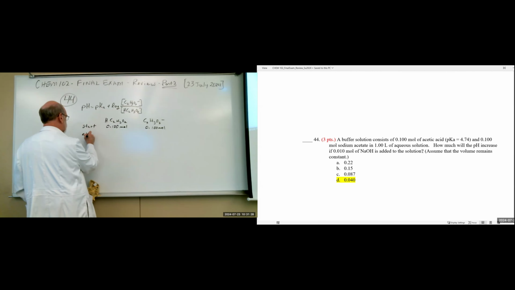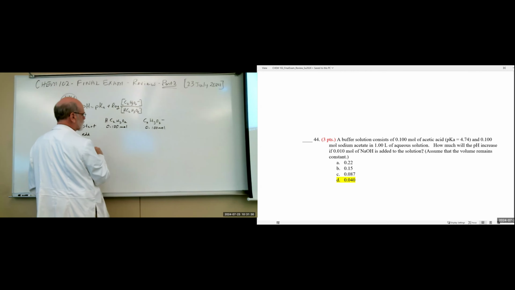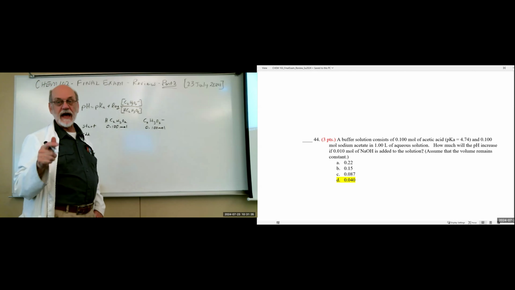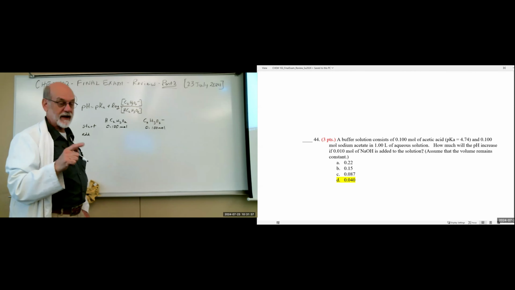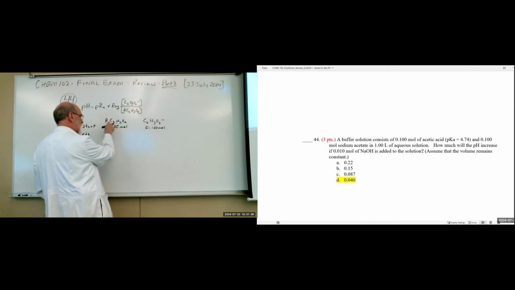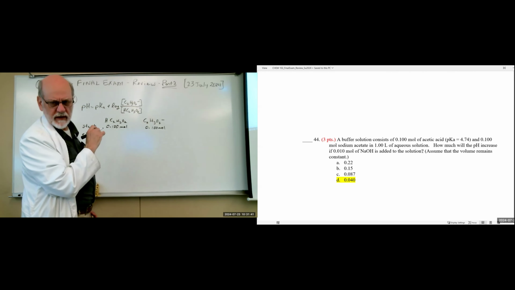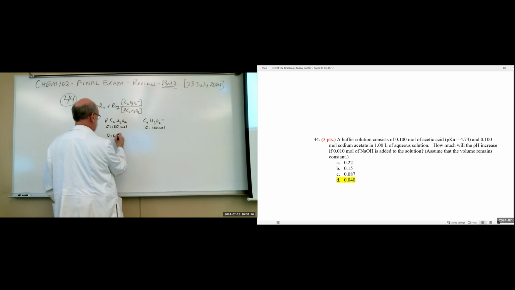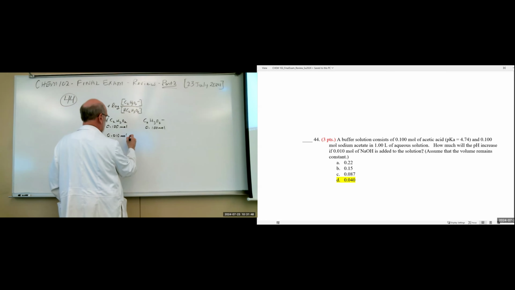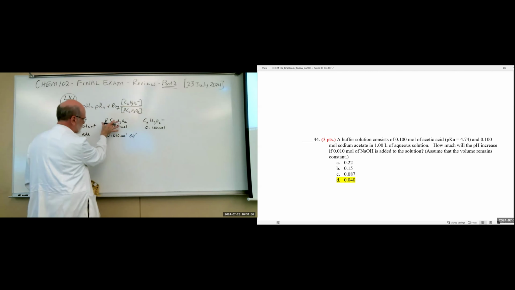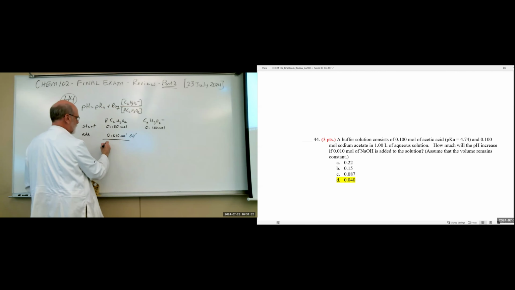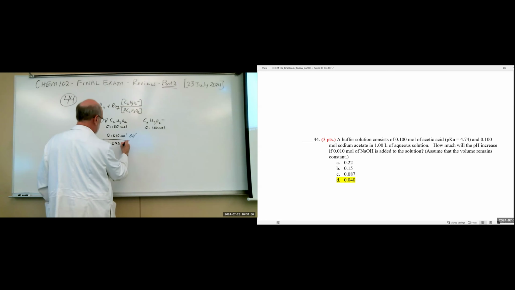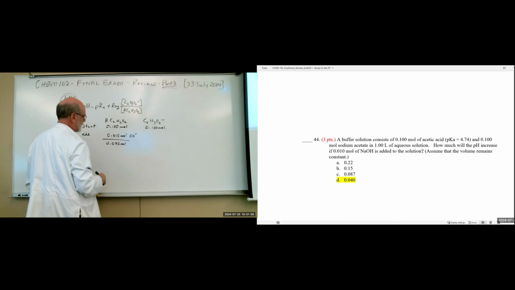So we add sodium hydroxide. Sodium is a spectator. The hydroxide is what reacts. So the hydroxide is going to react with this one in the amount of 0.01 mole. 0.01 mole of hydroxide reacts with this one and leaves us with 0.090 mole of that.